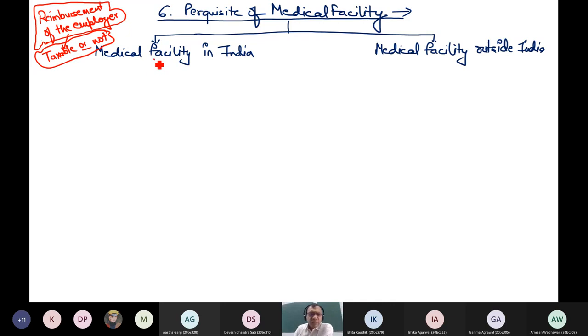So if medical is provided in India, then in the following cases medical reimbursement is exempt. First, if medical facility is provided in India, then there are the following cases in which it is 100% tax free. Even if the amount given by the employer is 50 lakh rupees, 60 lakh rupees on medical expenditure, it is tax free.